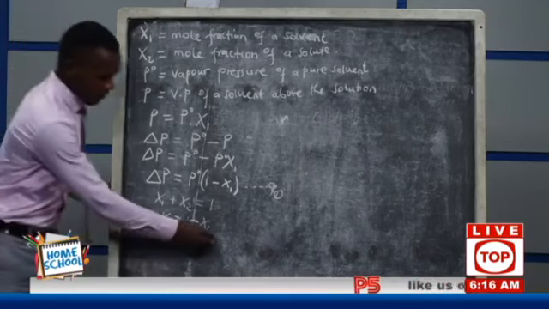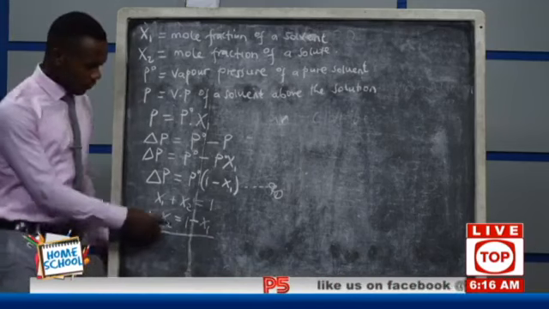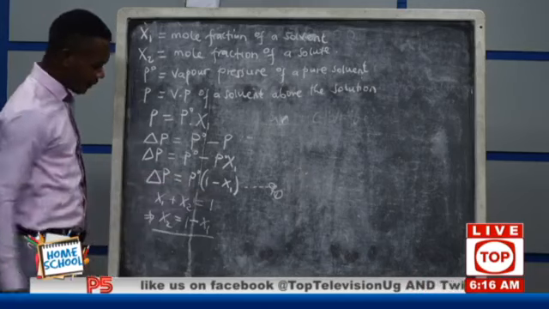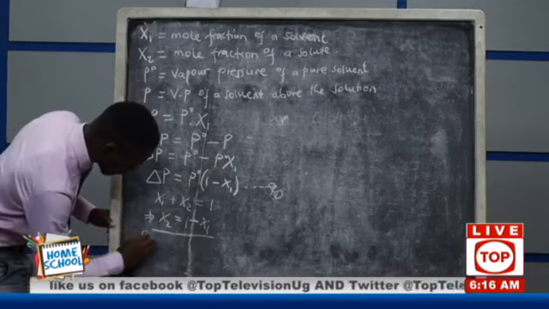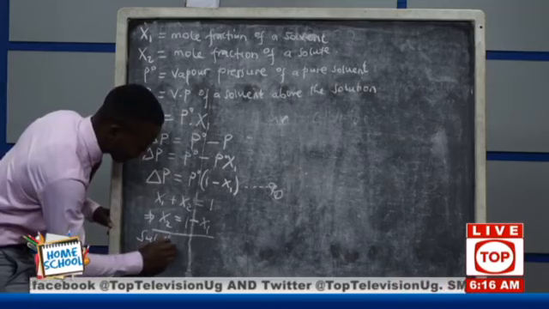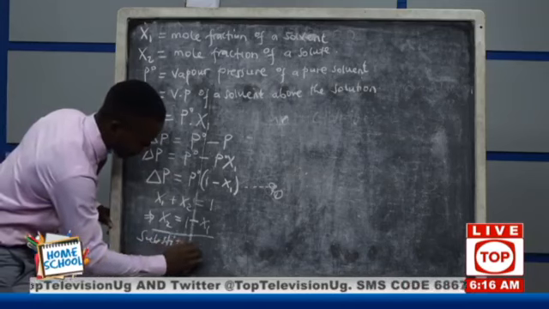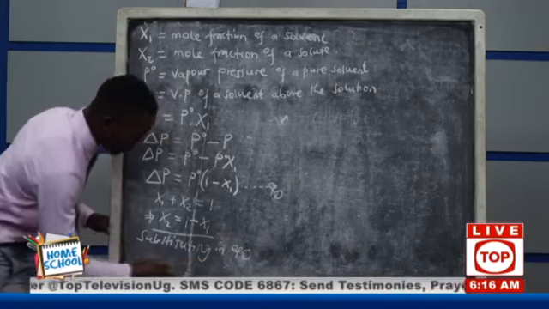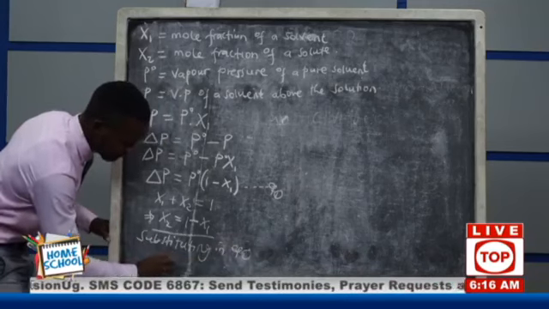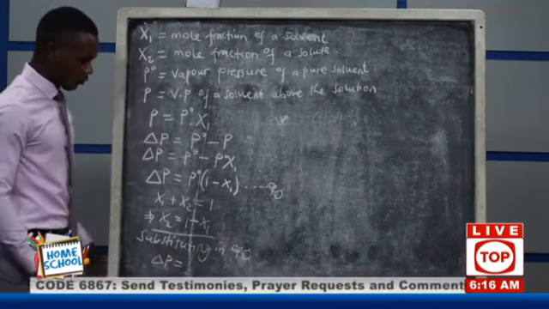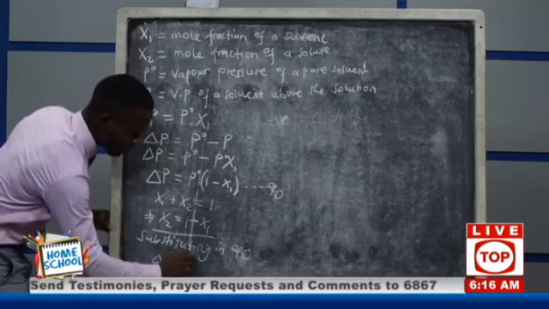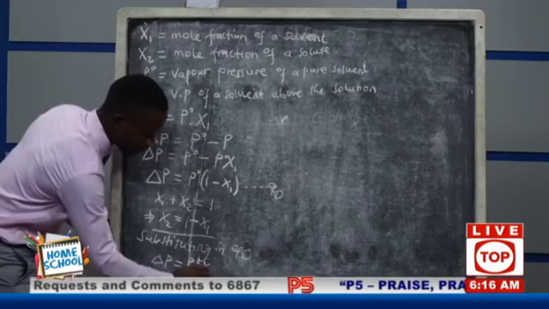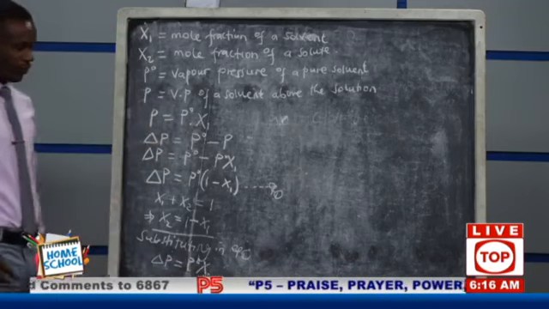So when we get this one, we realize that in our equation 1, we can substitute. Substituting in equation 1, we get that the change in pressure will be equal to the vapor pressure of the pure solvent times the mole fraction of the solute.